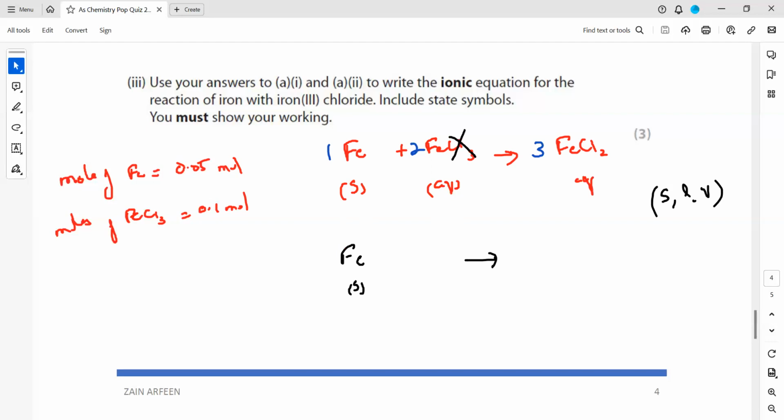Chloride is common, so you cancel the chloride ion. Here we had iron 3+, and here it will form iron 2+, with state symbols aqueous and aqueous. So this is the balanced ionic equation for the reaction between iron(III) chloride and solid iron metal. Is it clear?